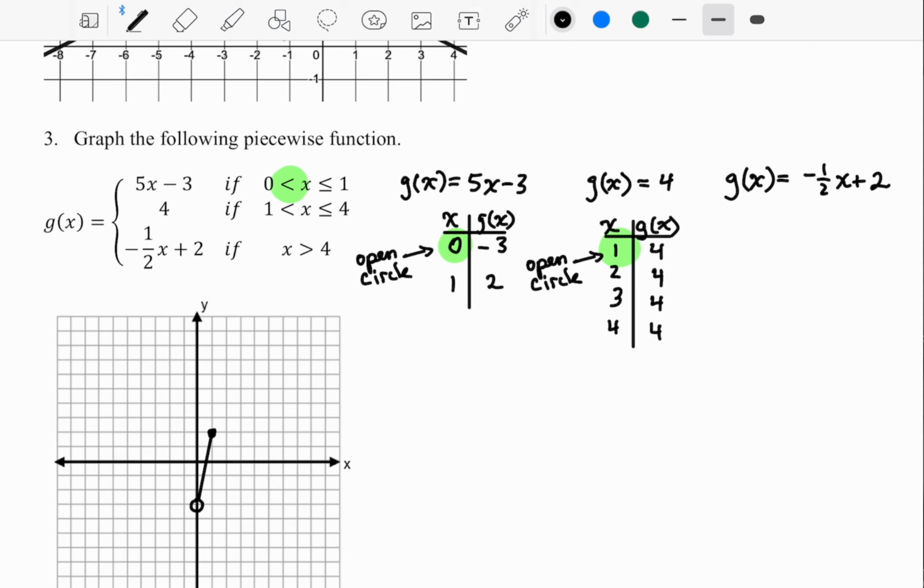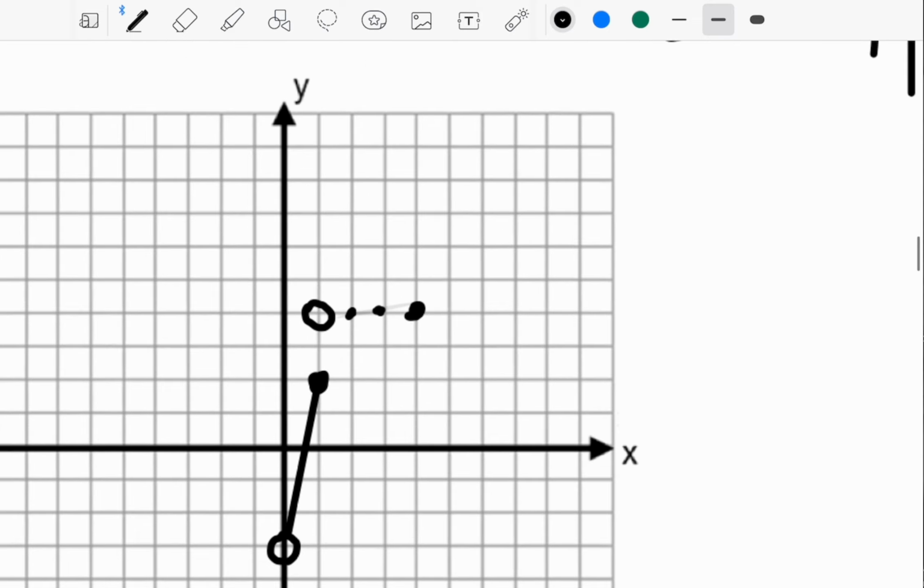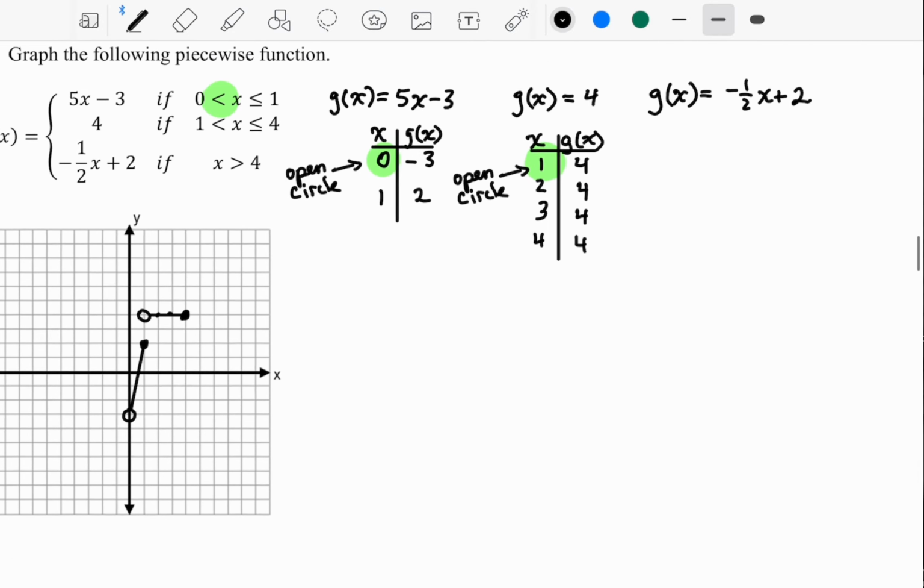So at 1, 4, we have an open circle. 2, 4, 3, 4, 4, 4, all closed circles. Line segment connecting, and that would be the second piece of this piecewise function.